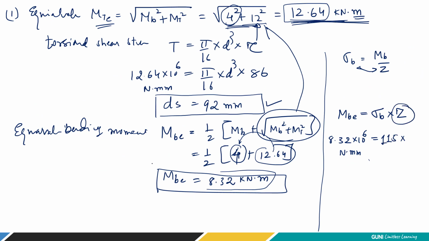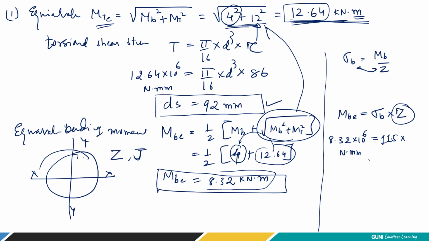Here it is a shaft. For the shaft, we have two axes: one is the Y axis and another is the X axis. Now Z and J are different. Here J is used for torque transmitting. It is circular in nature, right?